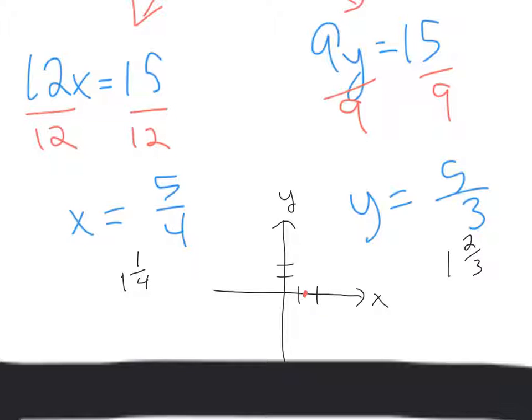Okay, and then in the y direction, 1 and 2/3, that would be a little bit over halfway. So I can go 1, and then halfway in between would be 1.5. Go up to 2/3, probably be right about there. We don't need to be perfect. This is just a good estimation. Alright, connect your dots, and you've got your line.